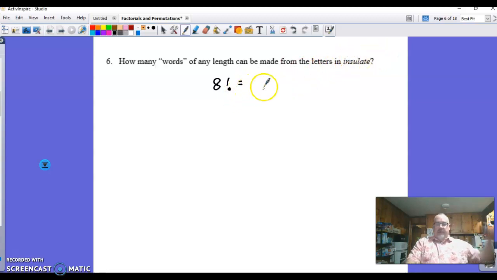All 8 letters are different, so switching them would make a whole different word every single time. That factorial is also on the calculator under the math menu over to probability. There's an exclamation point, the fourth one down: 40,320. Or you could do 8 times 7 times 6 times 5 times 4 times 3 times 2 times 1.